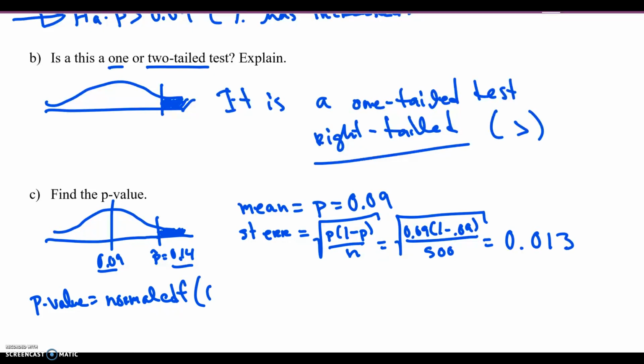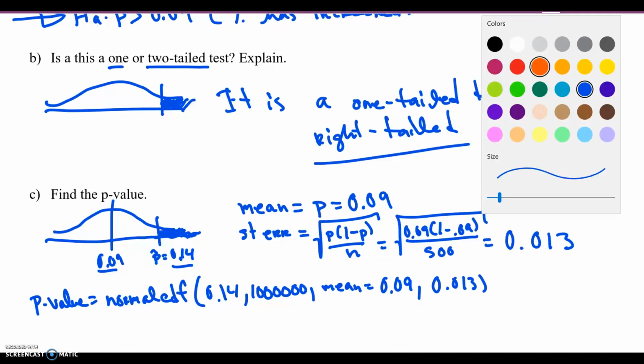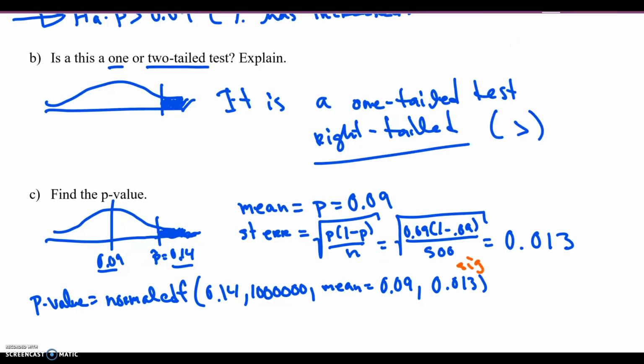My lower bound will be 0.14. My upper bound will be positive infinity, a really, really big number. My mean is equal to 0.09, and my standard error is going to be 0.013. For those that have the TI-36 calculator, this will be sigma.